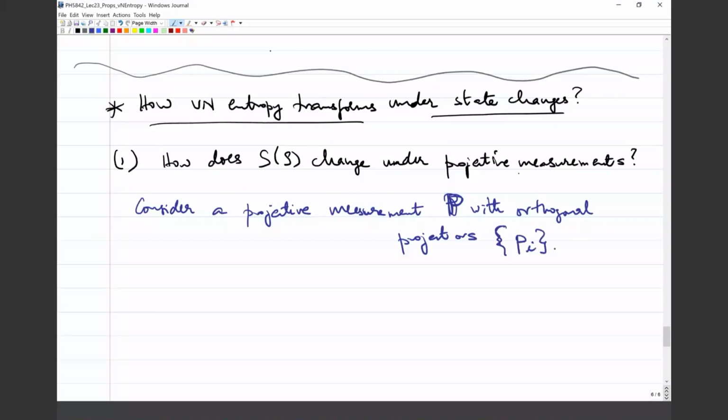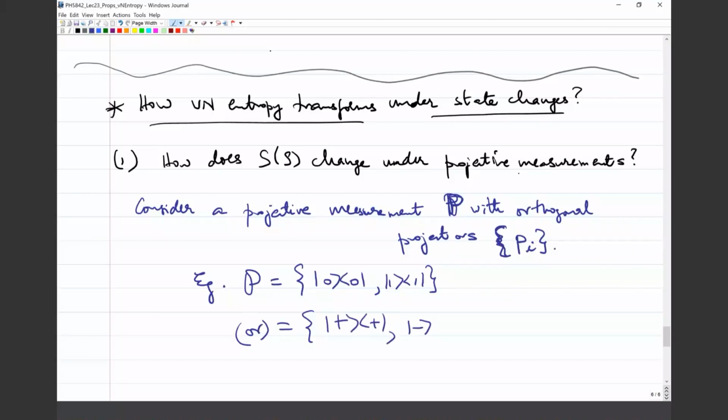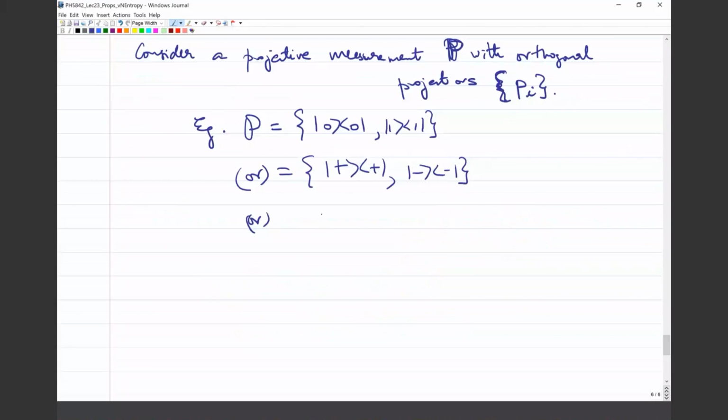For example, this set could simply be a measurement in the 0-1 basis, or it could be a measurement in the plus-minus basis, or more generally, in a d-dimensional system, it could be a projective measurement onto your standard basis, i going from 1 to d, etc.